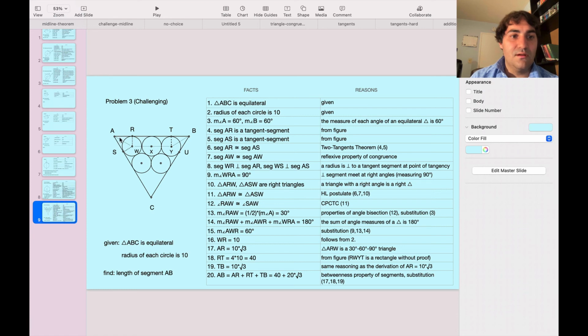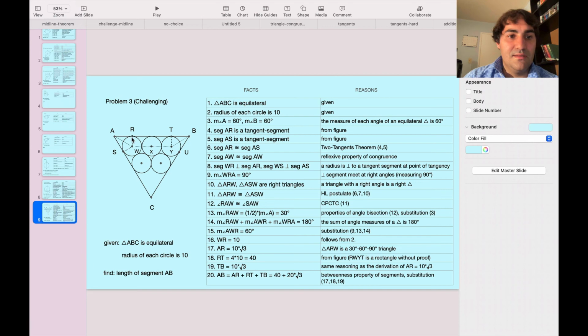The measure of each smaller angle is 1/2 of the larger angle, so the measure of angle RAW is 1/2 times the measure of angle A. And we know the measure of angle A equals 60, so this is going to be 30 degrees.